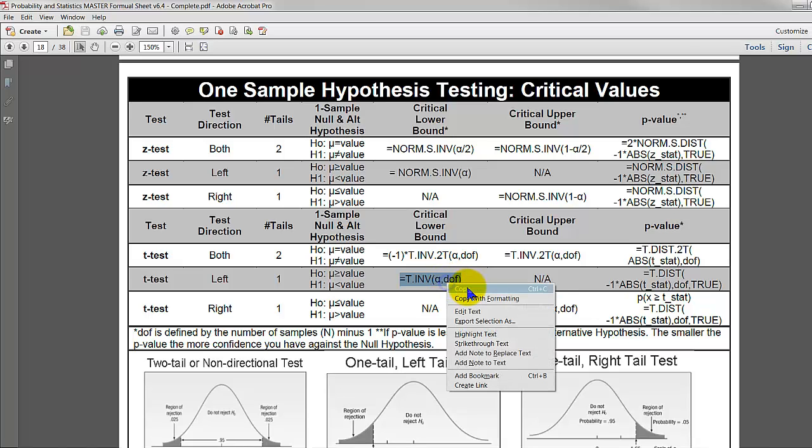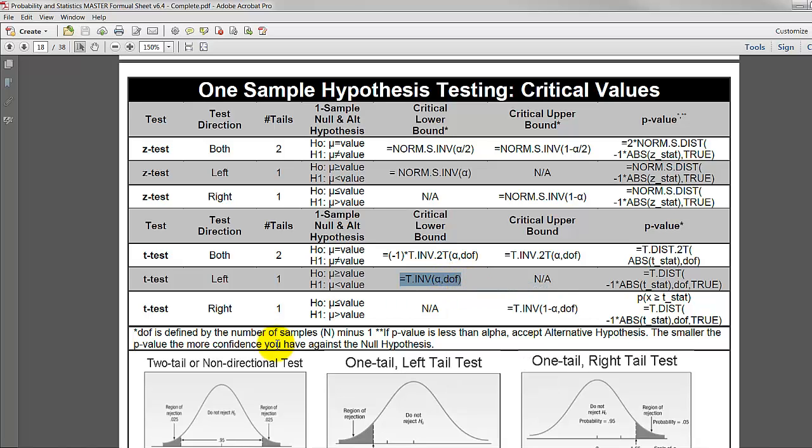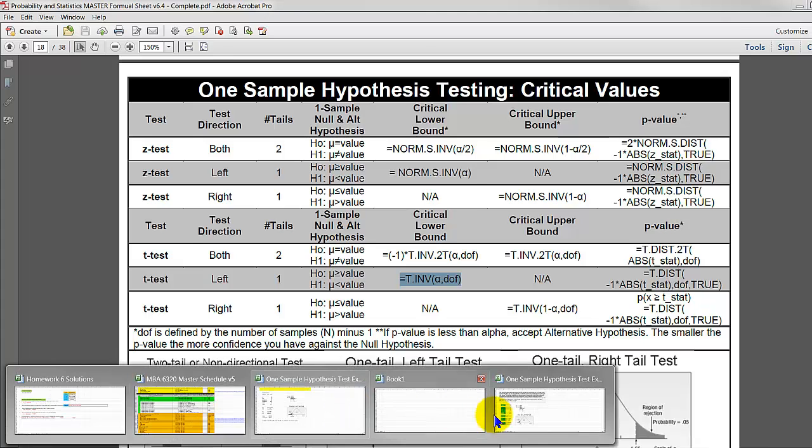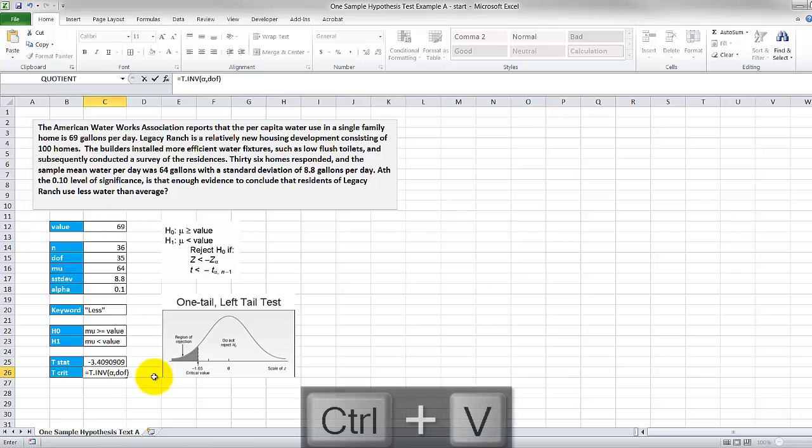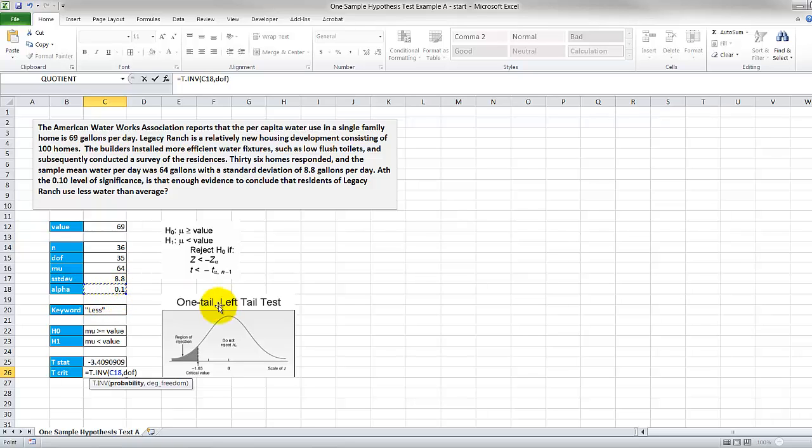Okay, so let's go ahead and copy this formula over, go back into our sheet, and paste this. T.INV, alpha. Alpha is 0.1. Degrees of freedom was already calculated, n minus 1, 35, and hit enter. Our critical value is at 1.3.